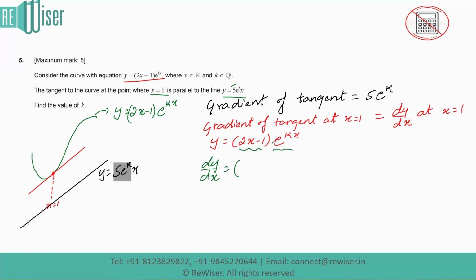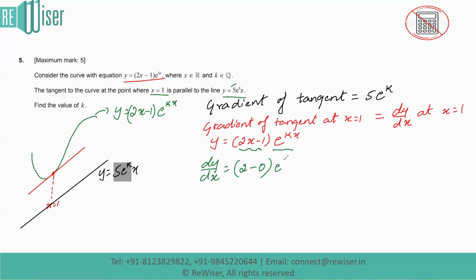The differentiation of 2x − 1 is the differentiation of 2x, which is 2, minus the differentiation of just a constant, which is 0. Whenever you have a constant and a variable, we keep the constant as it is and differentiate the variable, so the differentiation of x is just 1. But whenever you have a constant alone, its differentiation is 0.